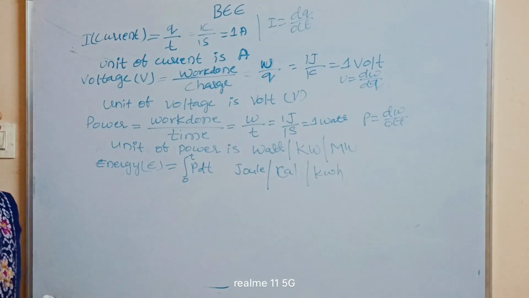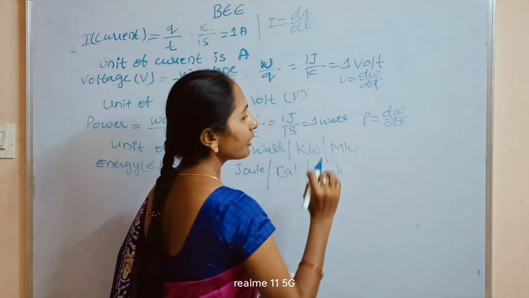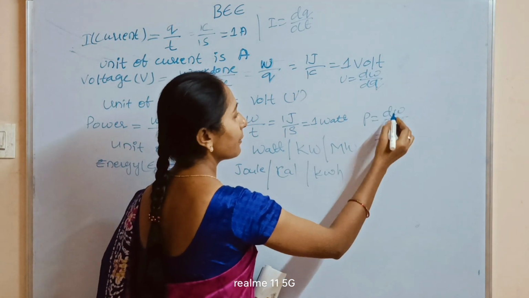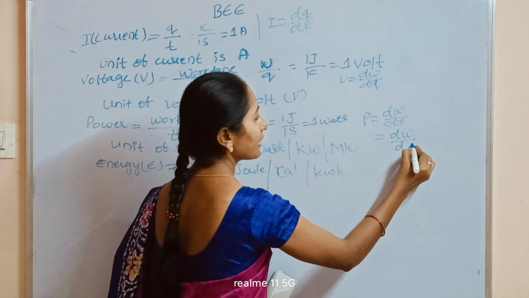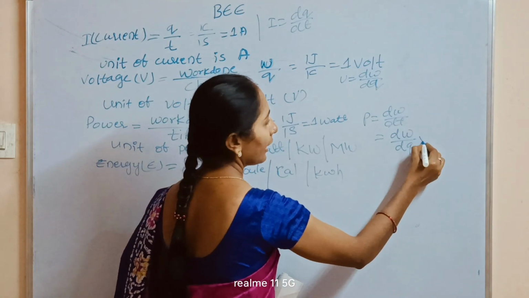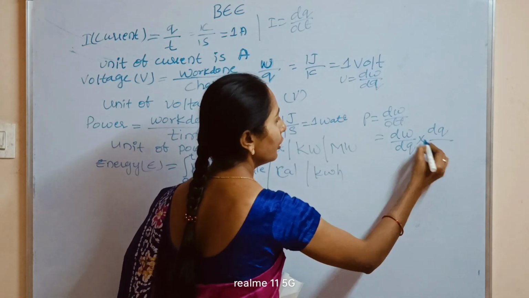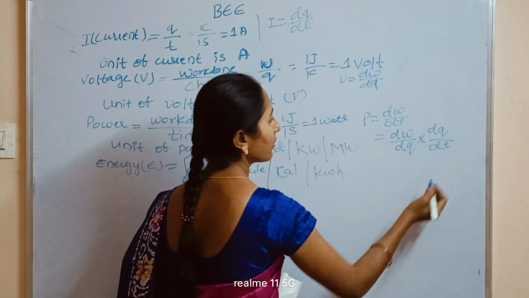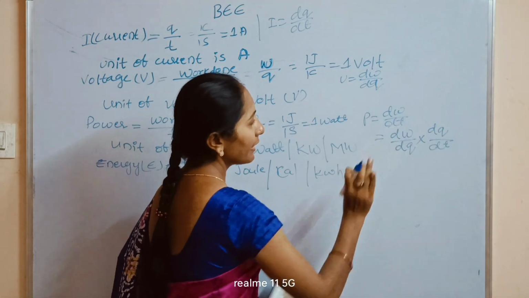Here I am considering dq in the denominator and also in the numerator, and dt is as it is. Now dq gets cancelled, finally we get dW by dt.